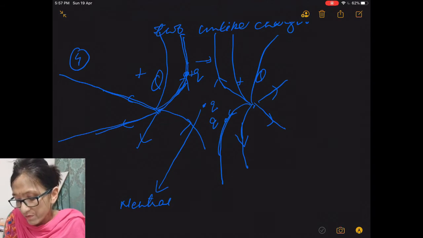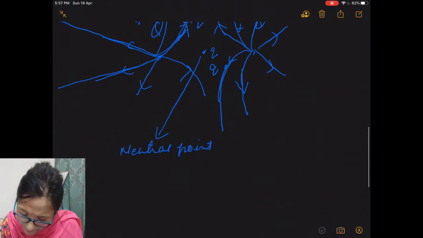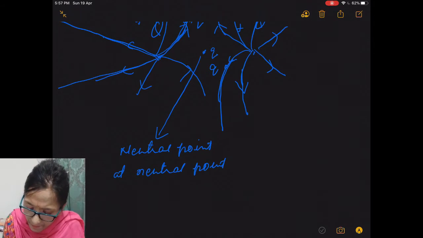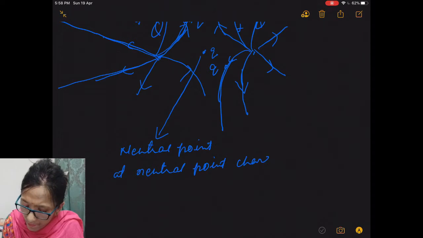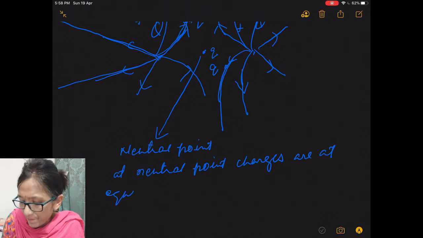And this very point is called neutral point. At neutral point, charges are at equilibrium.